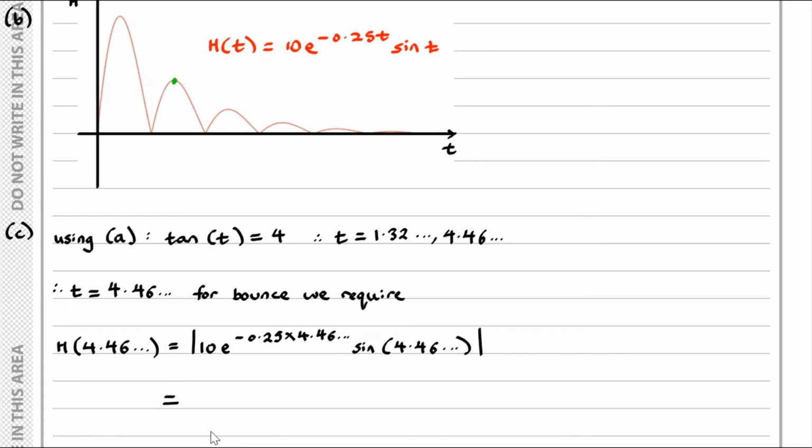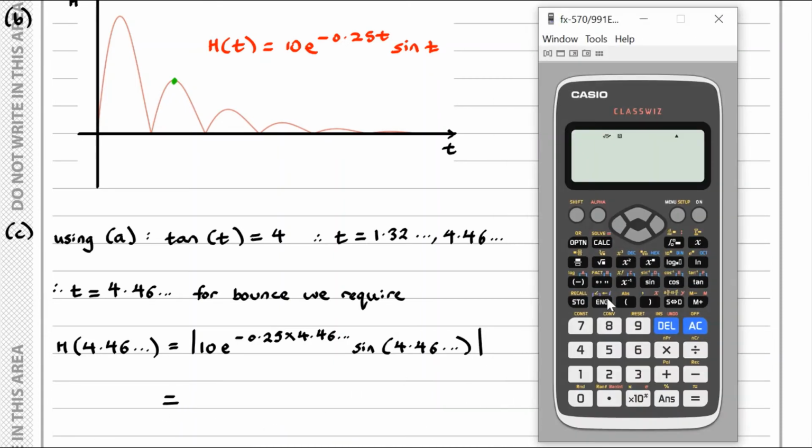And working this out, we have the mod of 10e to the power of minus 0.25 times that value multiplied by the sine of this.